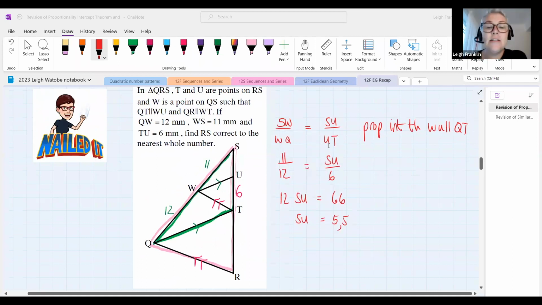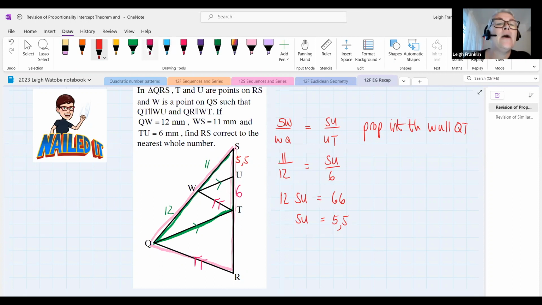So now back to this. Now we need to find TR. We know that SU is equal to 5,5. So now we need to work on TR. Anybody want to tell me how I can figure out the length of TR? Anyone got any ideas how we would figure out the length of TR? Can I try?